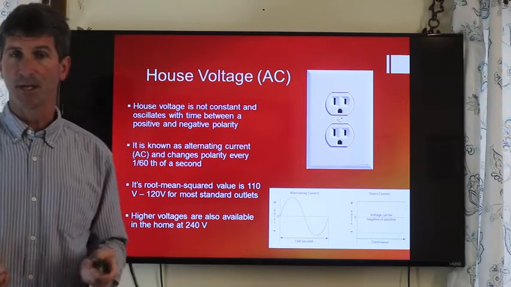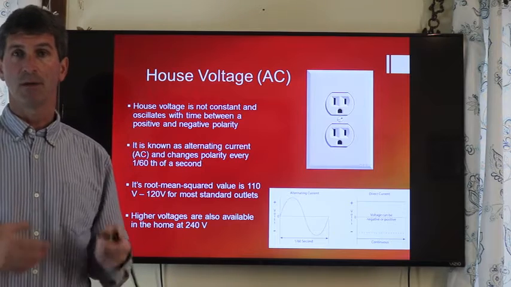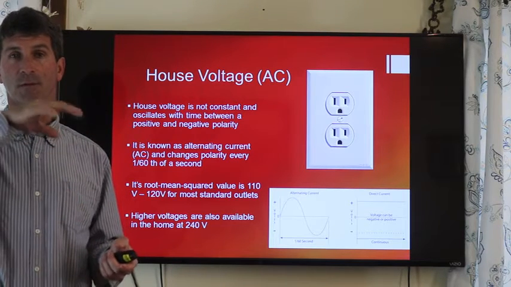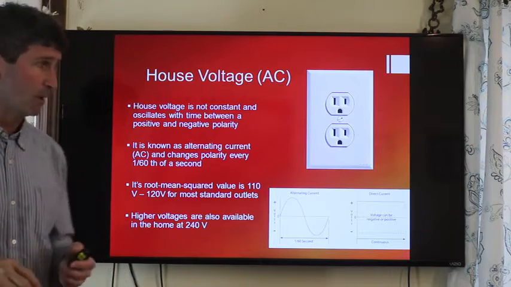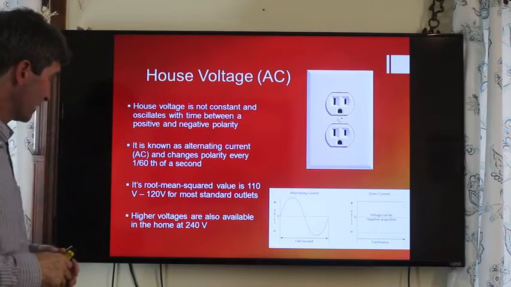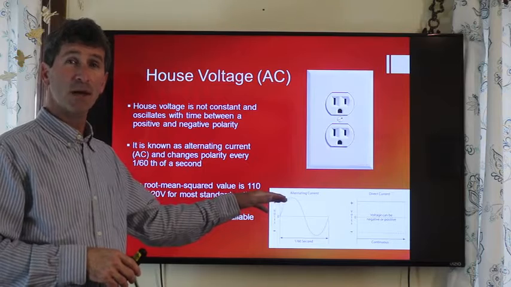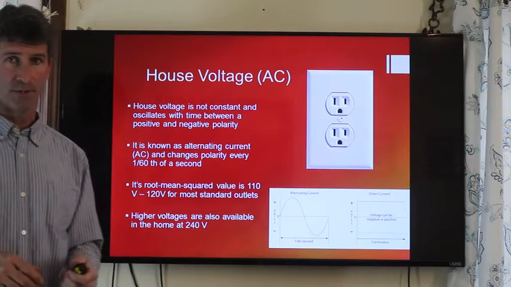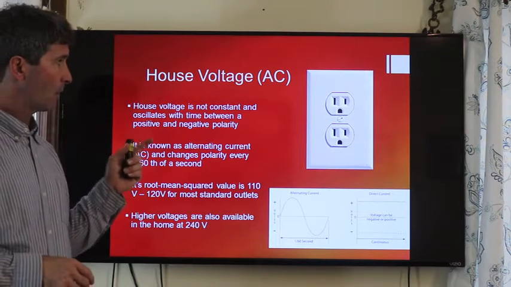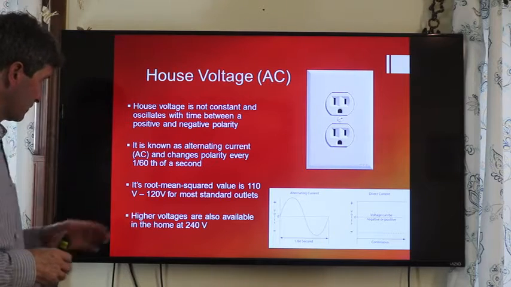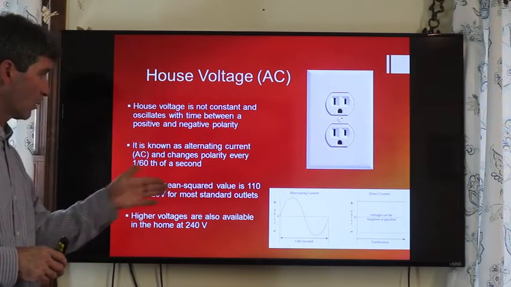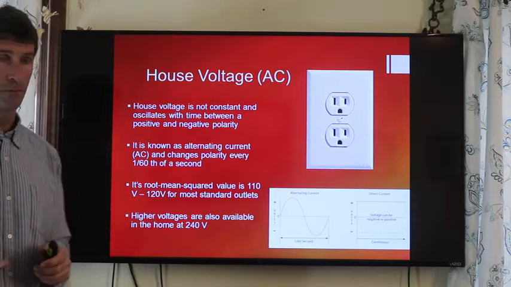It produces a sinusoidal voltage, and we know that sine oscillates from positive 1 to negative 1. This actually oscillates from about positive 170 volts to negative 170 volts. We often refer to this as 120 or 110 volt.